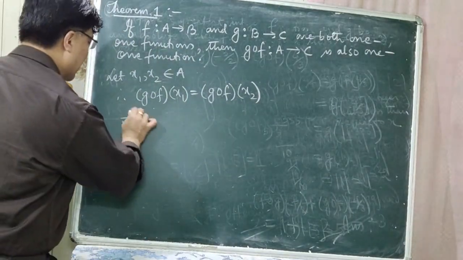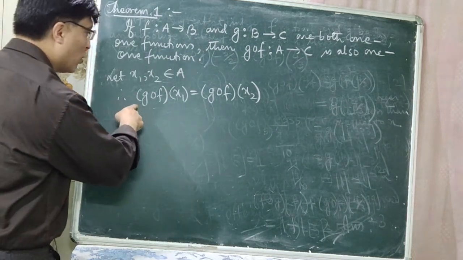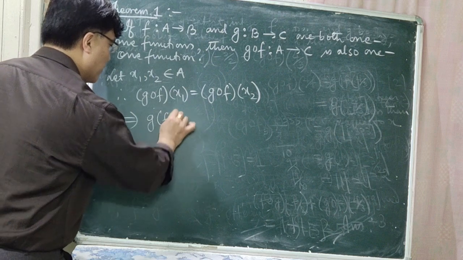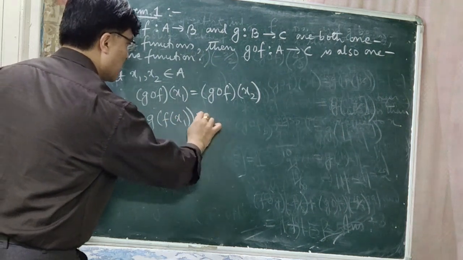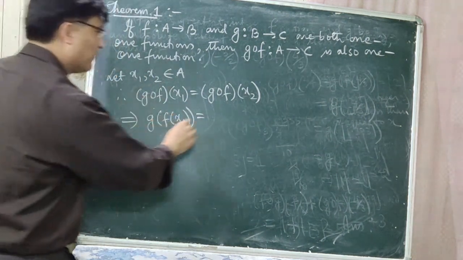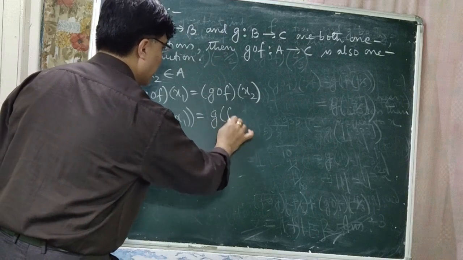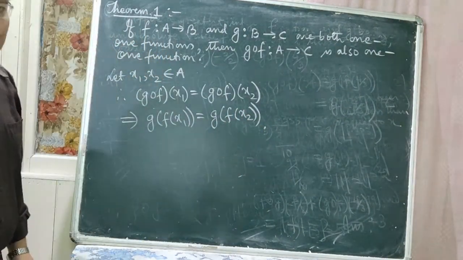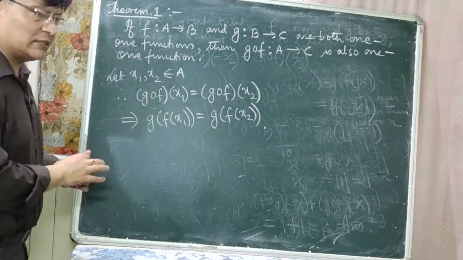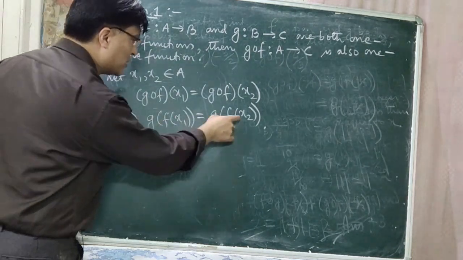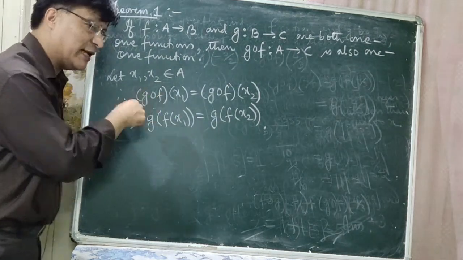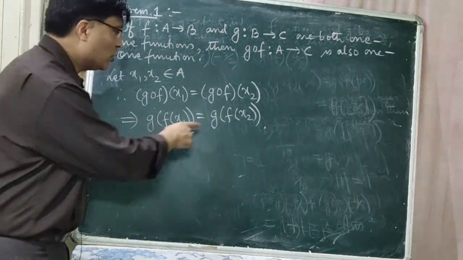This implies that gof of x1, which is defined as g of f of x1, is equal to gof of x2, defined as g of f of x2. This is just like g of x1 equals g of x2. Instead of x1 we have f of x1, and instead of x2 we have f of x2.